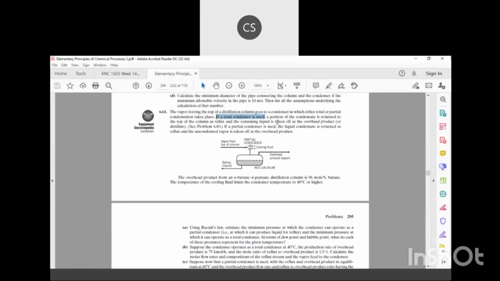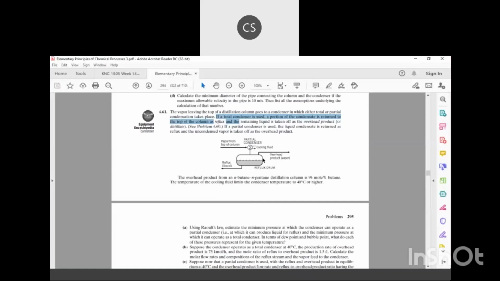As mentioned here, if a total condenser is used, a portion of the condensate is returned to the top of the column as reflux, and the remaining liquid is taken off as the overhead product, or distillate. This means that both reflux and the overhead product are liquid only, because all the liquid is heated at constant temperature.